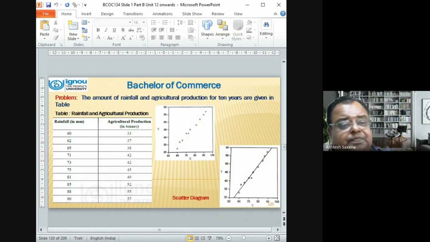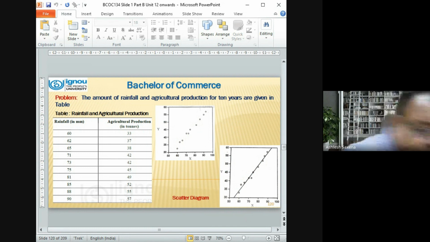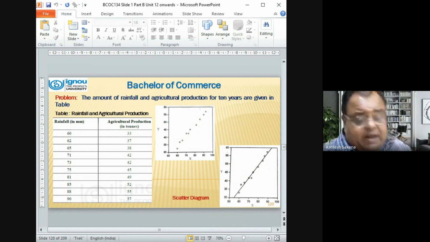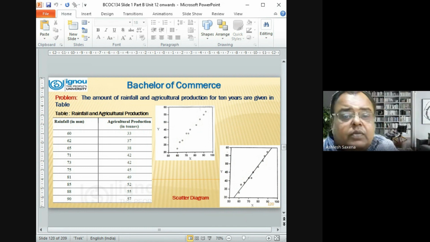Now we see a problem which is related to rainfall and agricultural production for 10 years, which is given to you in tabular form. What we are doing is converting this into a diagrammatic form.